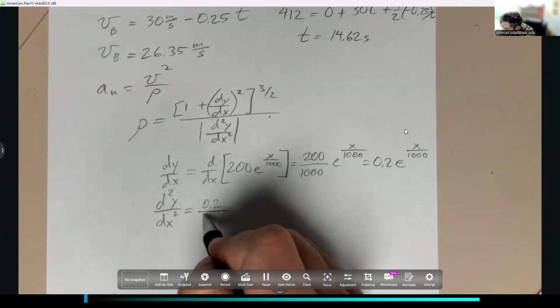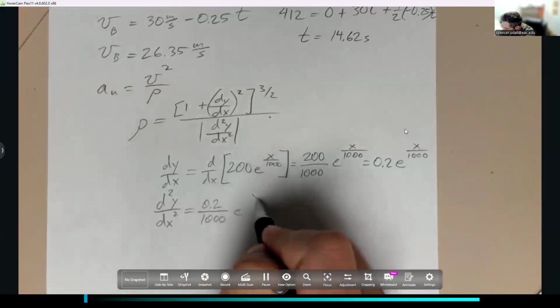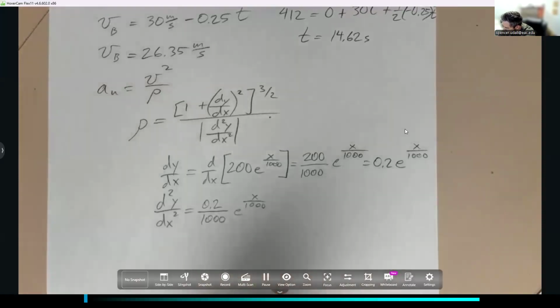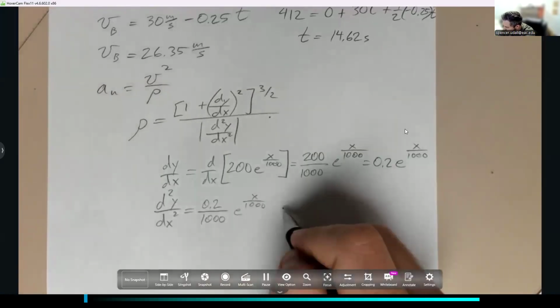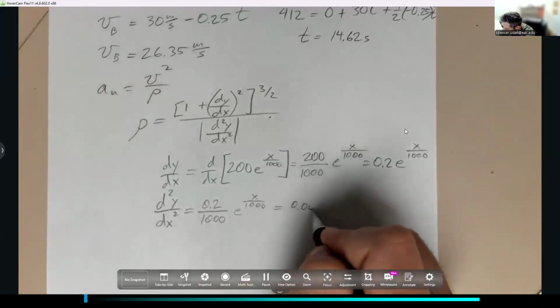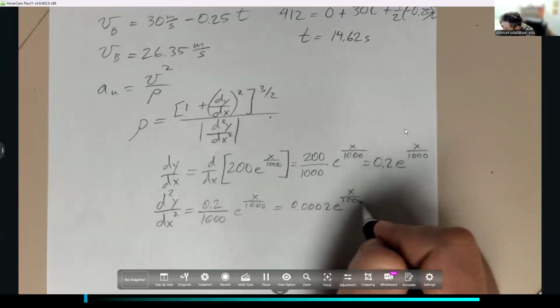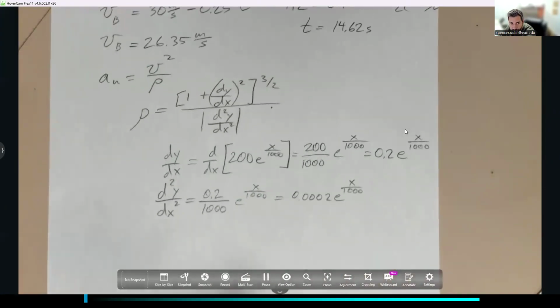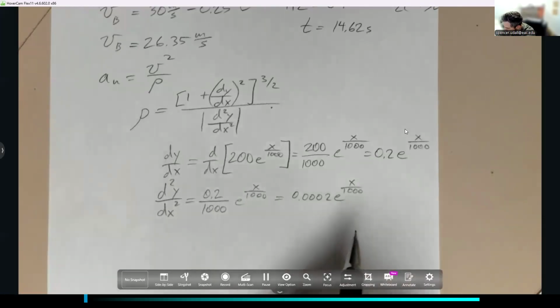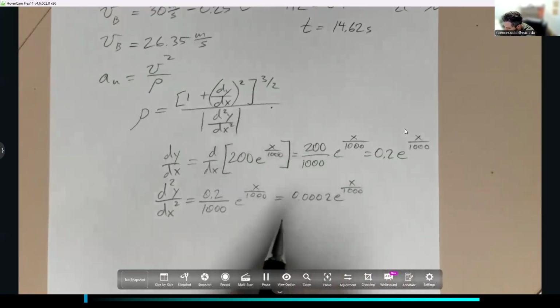So again, we're dividing that by 1,000, e to the x over 1,000. Nice little chain rule there. So that's going to be a very small number. There's our second derivative.